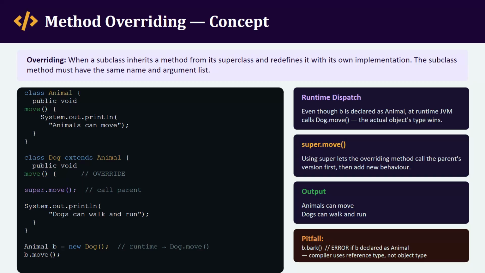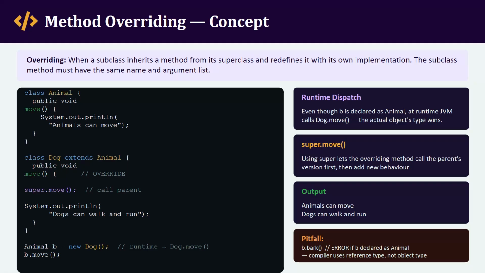That's when we say that there is overriding. In that coding, the subclass method must have the same name and arguments when you're dealing with overriding.